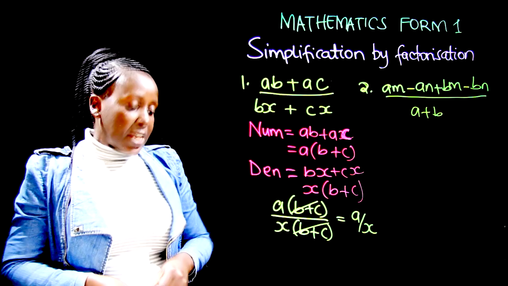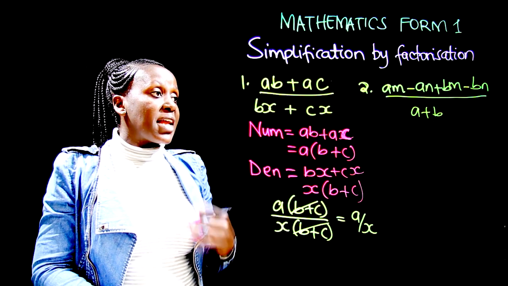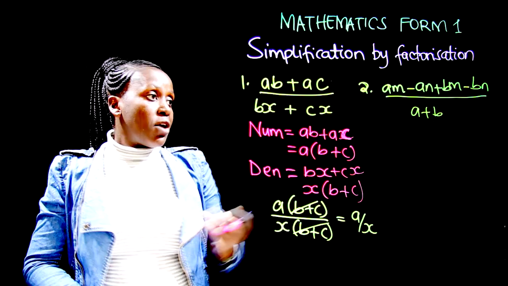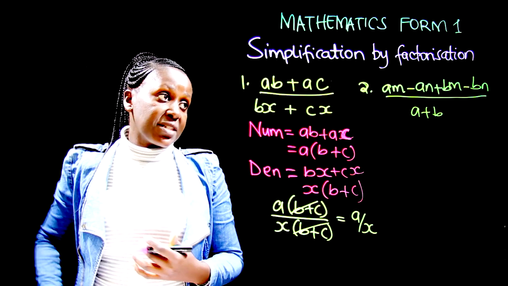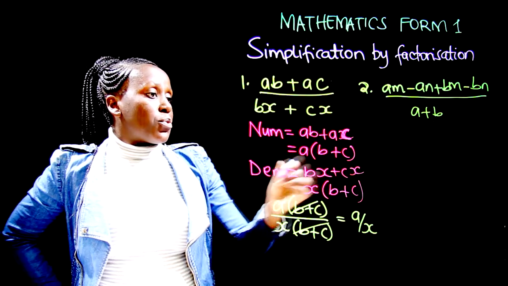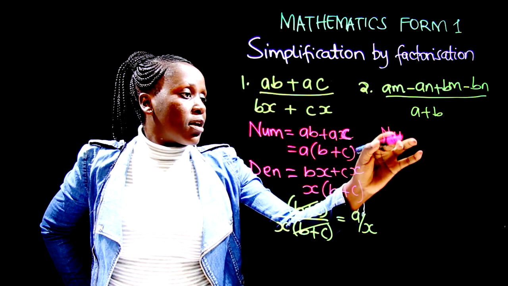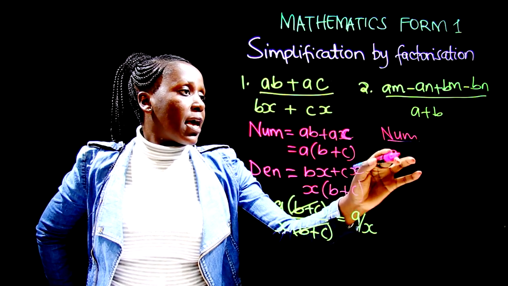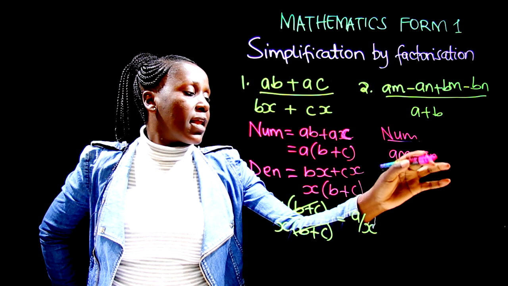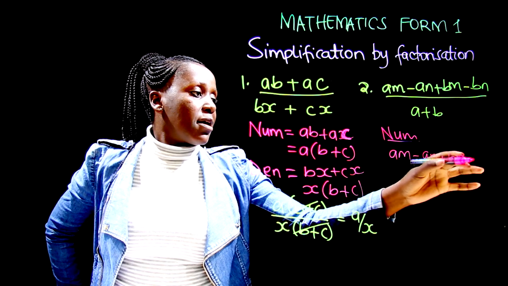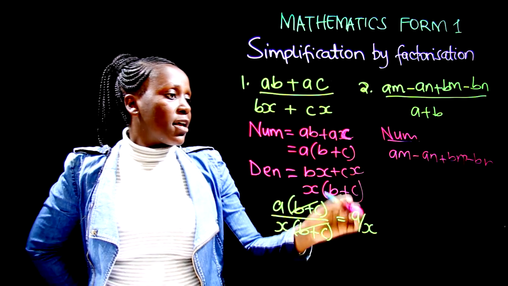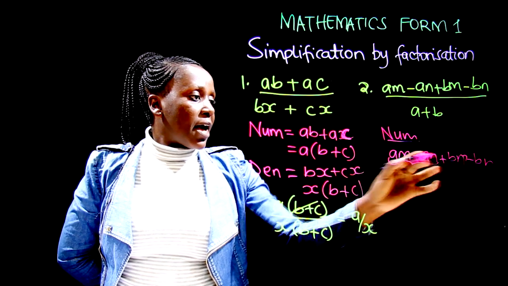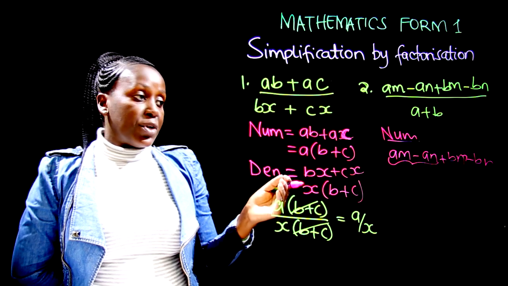So in this case, you can see the numerator needs some factorization, but the denominator is okay. There is no way you can factorize it further. So the numerator, which is AM minus AN plus BM minus BN, we are going to take a pair and look at what is common.